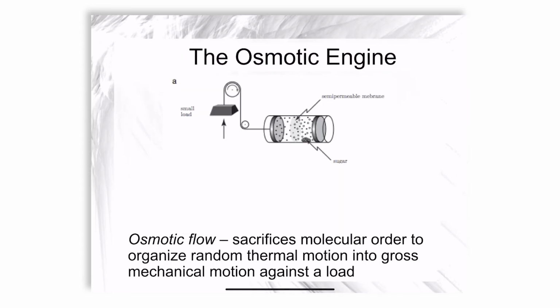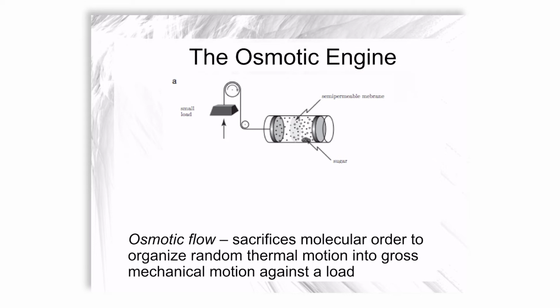And this brings us finally to a thought experiment, which is called the osmotic engine. So the osmotic engine thought experiment is framed as follows. Consider a cylindrical chamber separated by a semi-permeable membrane in which there are two frictionless pistons, those gray blobs, the pistons.